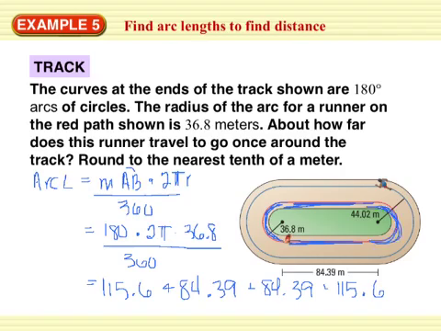That should give us our total length. And I got 400 meters, which if you run track is true, which is why when you're running, you try your darndest to stay as close to the middle as possible so that you don't have to run further to go once around the track.